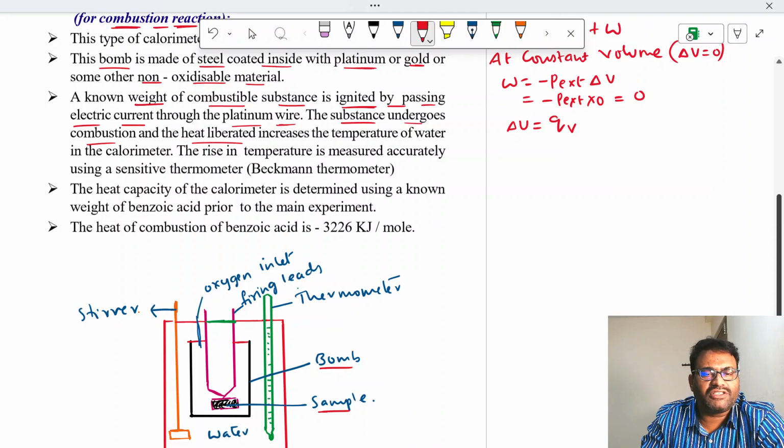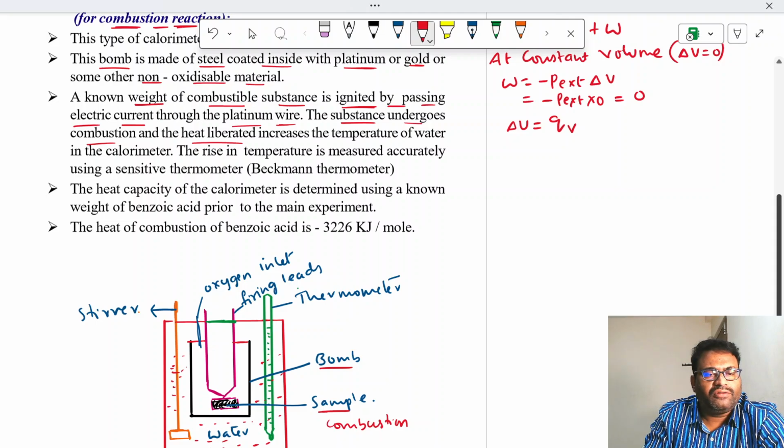Combustion occurs at this place. When combustion occurs, heat energy is released, and that heat energy will be dispersed into this calorimeter. Here it is completely filled with water.